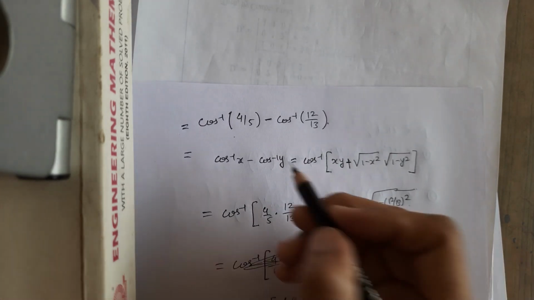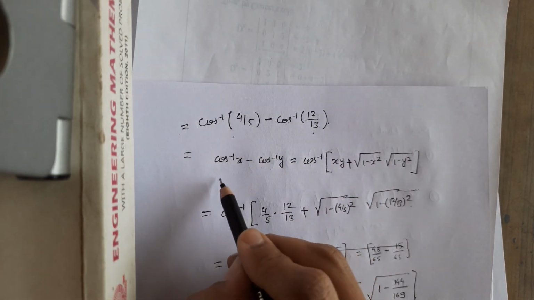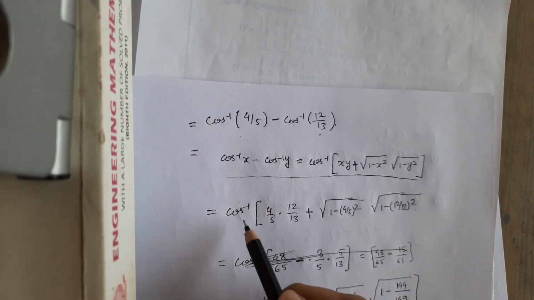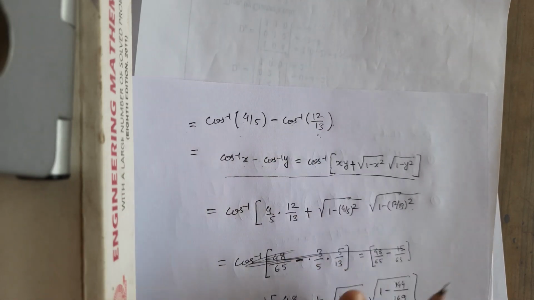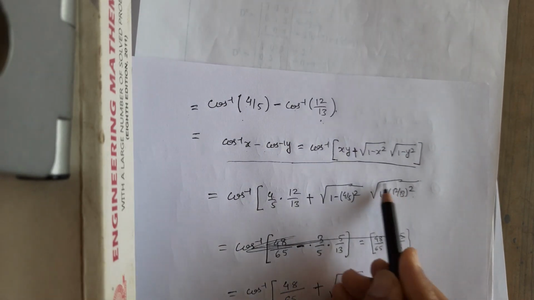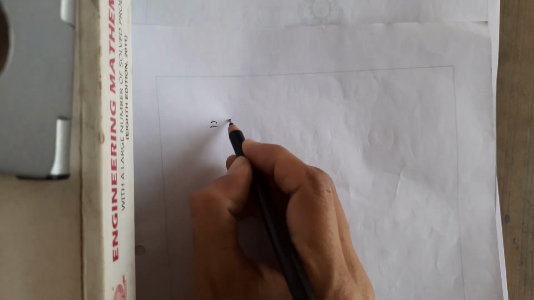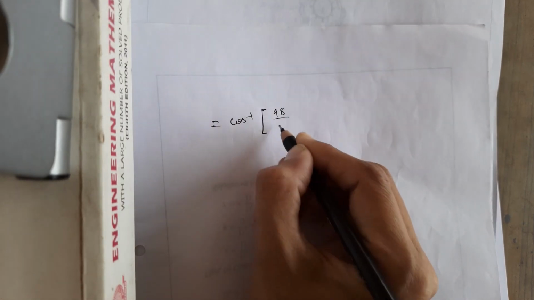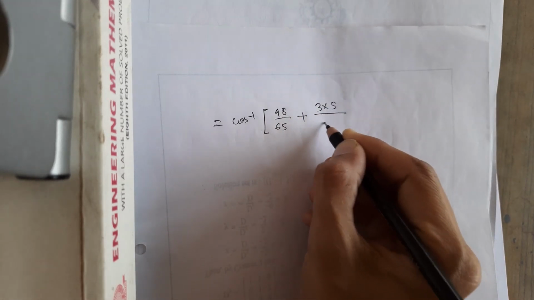I'm just substituting the value into the property that I have written here. So I will get cos inverse of, my x is 4 by 5 and y is 12 by 13. So just replace the value. It will be equal to cos inverse of 48 upon 65 plus 3 into 5 upon 5 into 13.